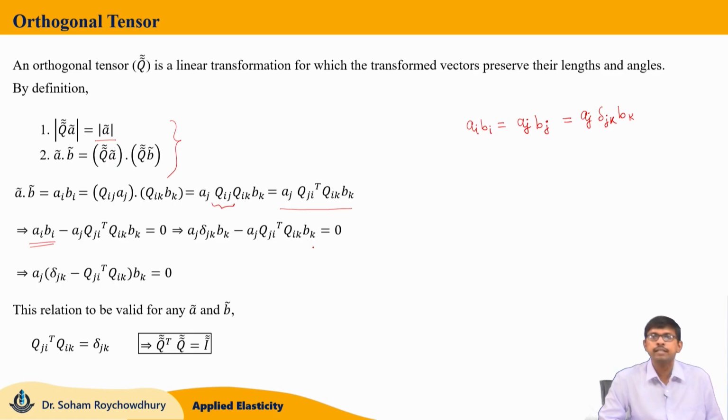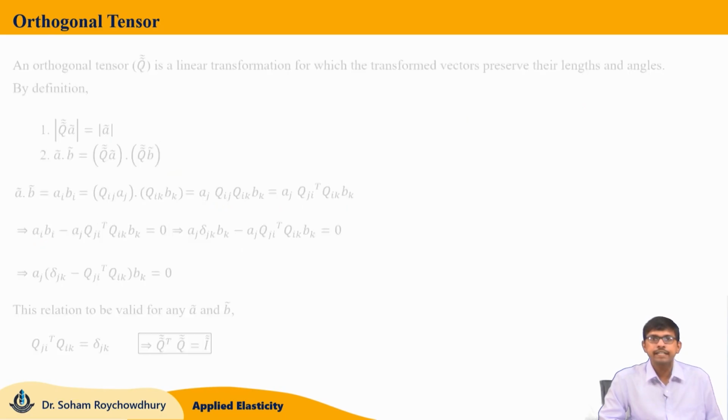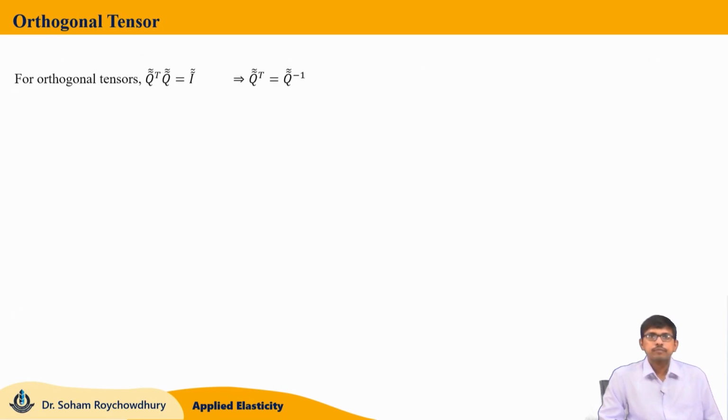For any orthogonal tensor Q, this identity must be satisfied: Q transpose Q is equal to the identity tensor. And from that, taking Q to the right hand side and keeping only Q transpose on the left, Q transpose can be shown to be equal to Q inverse. This is also another property of the orthogonal tensor.